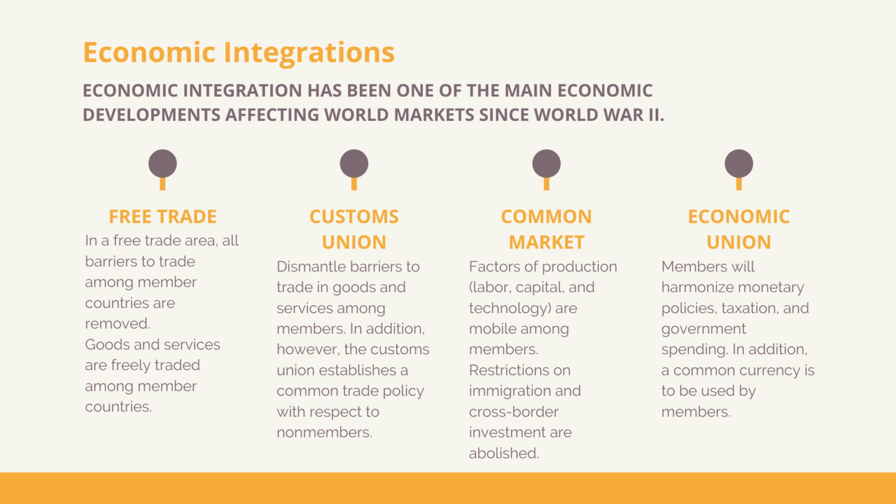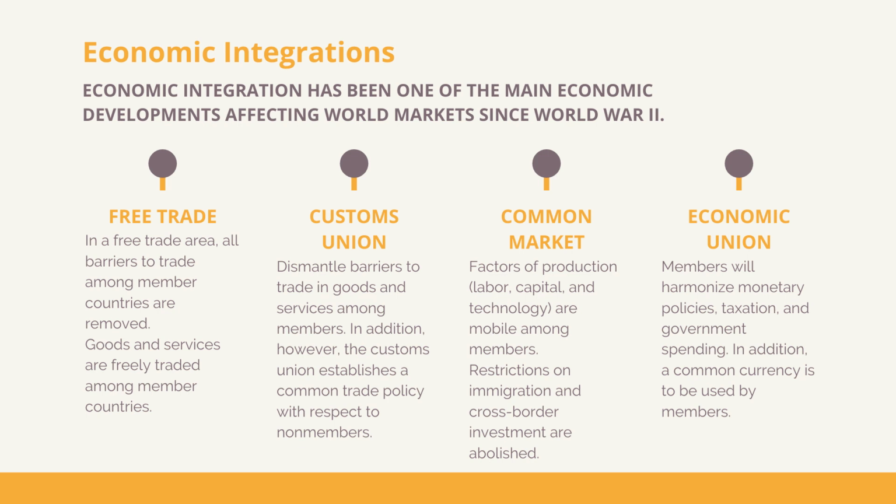Another aspect that we have to study when we are checking the economic environment is the regional economic integration. I'm pretty sure that you've heard about it, so let's see. Economic integration has been one of the main economic developments affecting world markets since World War II. It's pretty old, right? Countries have wanted to engage in economic cooperation to use their respective resources more effectively and to provide larger markets for member country producers.